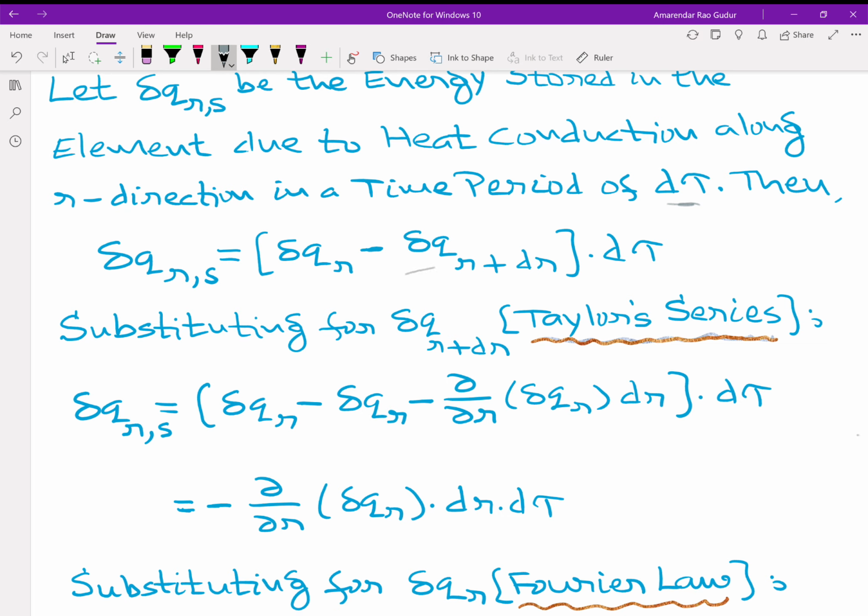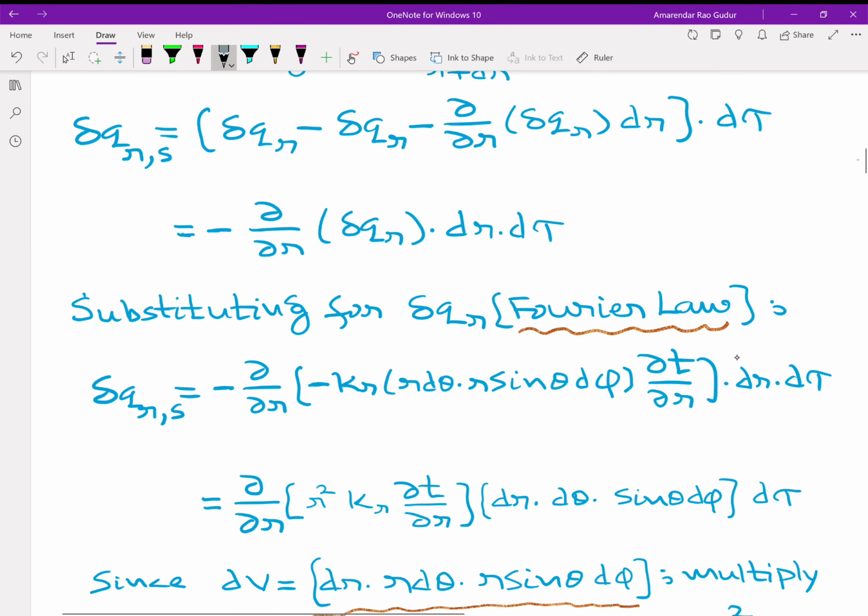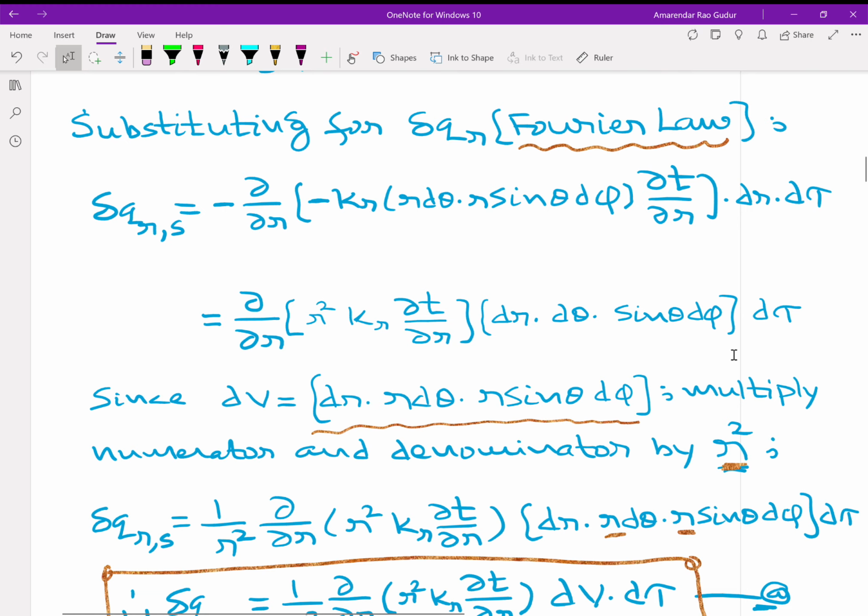Now first we substitute for del Q r plus dr using Taylor series, then we simplify it to get del Q r comma S as minus del by del r del Q r dr d tau. Then for del Q r we substitute the Fourier law to have del Q r comma S represented by this complex equation, and this minus becomes plus.